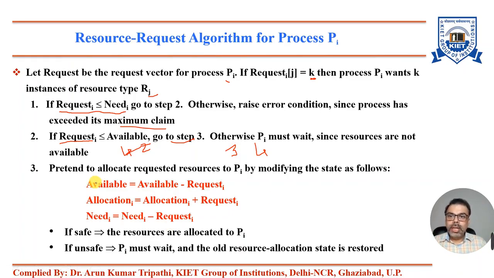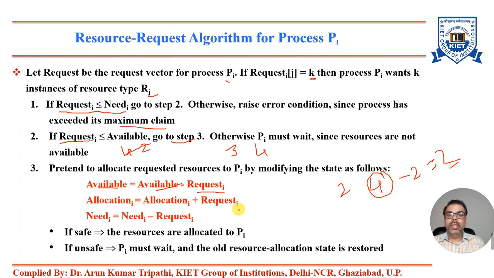So now the available will be available minus request. Suppose that the system has four resources and I requested two resources. Now the available resources will be 4 minus 2 is equal to 2. So here available will be updated to two resources.